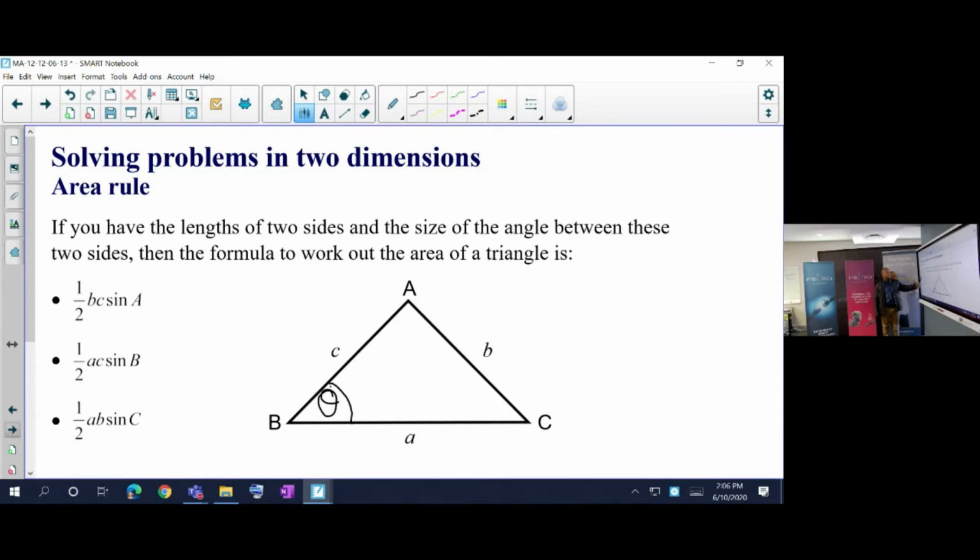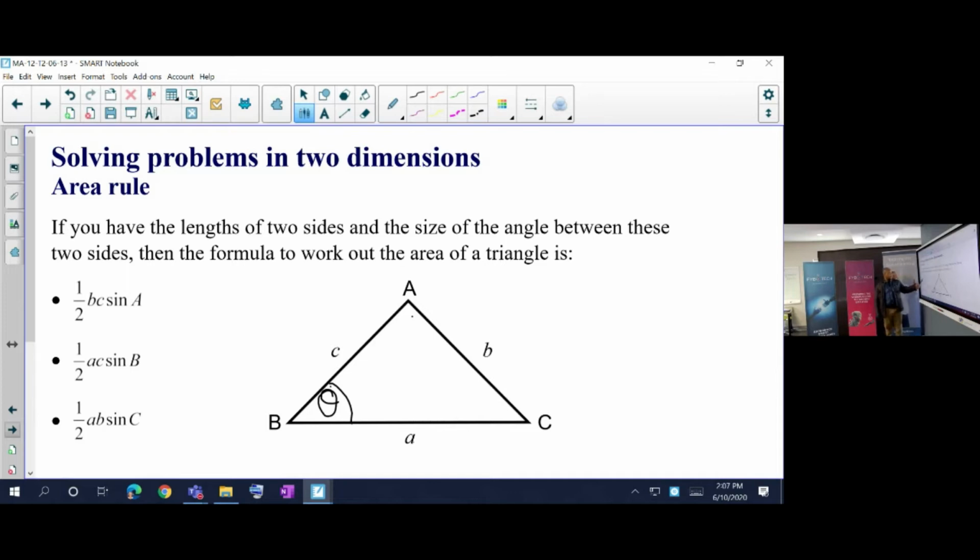If you are given the angle A, then you are going to use C and B, or B and C. So it's half base times height, because the height in this case will be C sine A. If you are also doing physical science, you know that there are components of forces and all that. A vertical component is sine, and the horizontal one is cos.